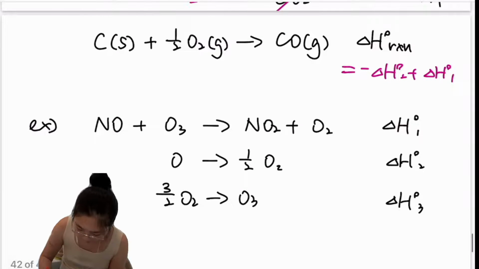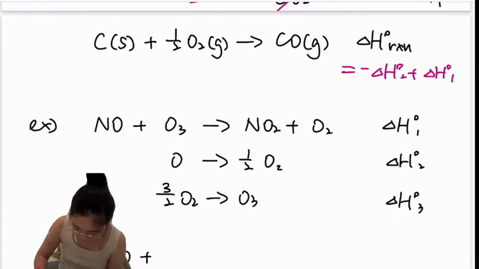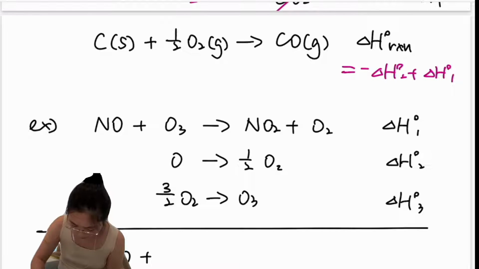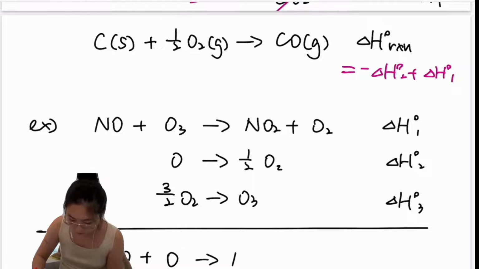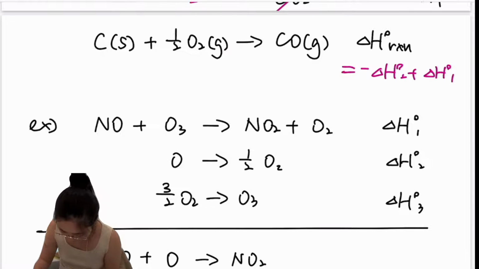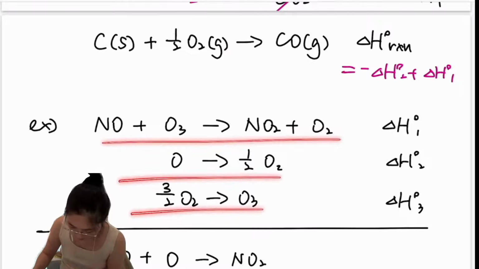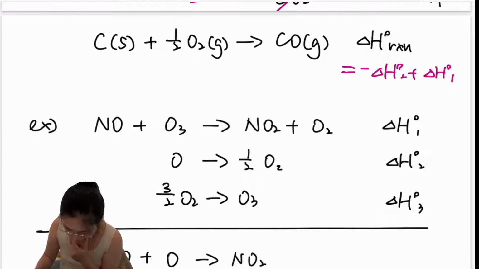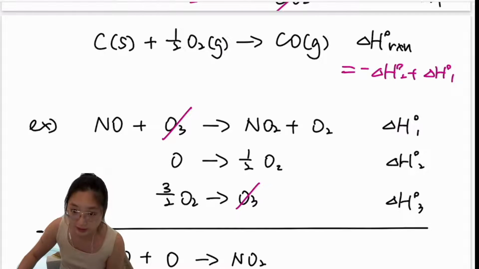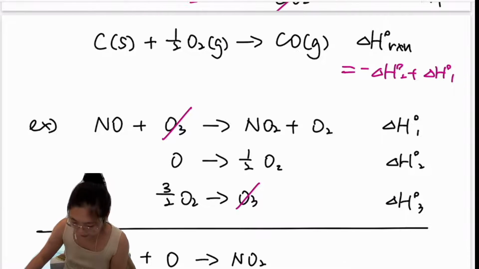And then you have to combine them all together to this overall chemical equation. Nitrogen monoxide reacts with 1 oxygen atom to form nitrogen dioxide. And then you will just add up equation 1 and 2 and 3. Eventually, you will see that everything gets canceled out. So let's say ozone on the reactant side and ozone on the product side, they're canceled out.